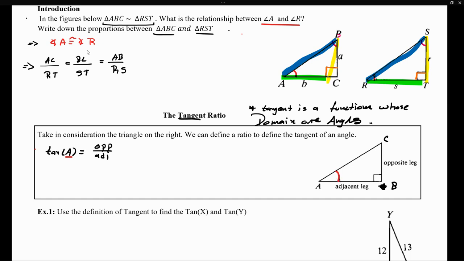This is my angle A. The side that is opposite to A, which in this case is CB, is what we call the opposite leg in relation to angle A. Since this is a right triangle, this must be my hypotenuse. And the side that is adjacent, or next to A, is what we refer to as the adjacent.